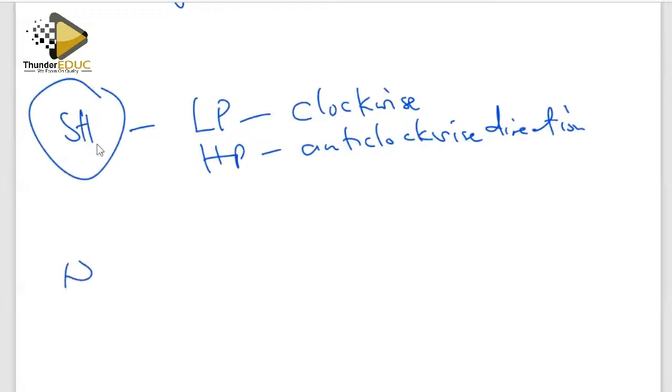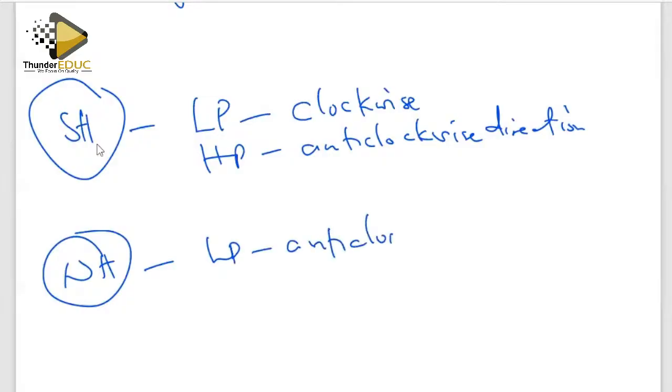Then in the northern hemisphere it is the opposite. When air is feeding into a low pressure, it feeds in an anti-clockwise circulation. Then if air is coming out of a high pressure cell, it circulates in a clockwise direction.